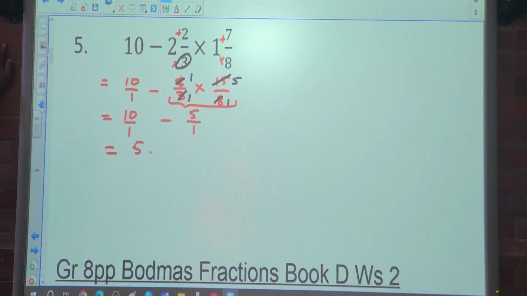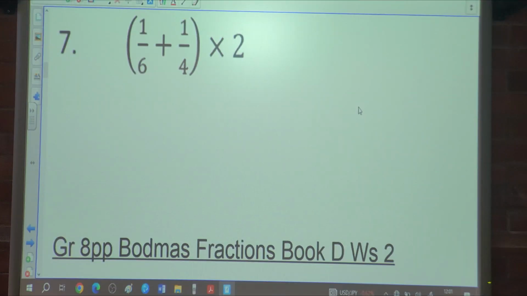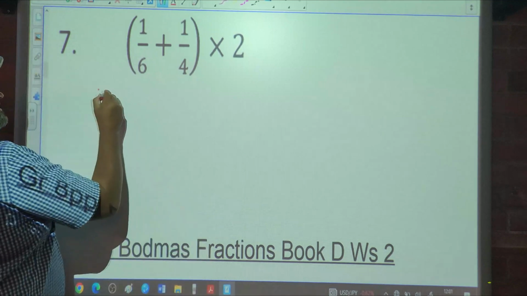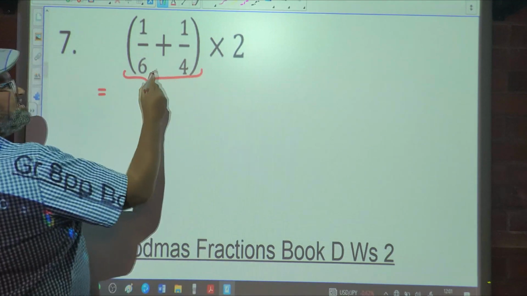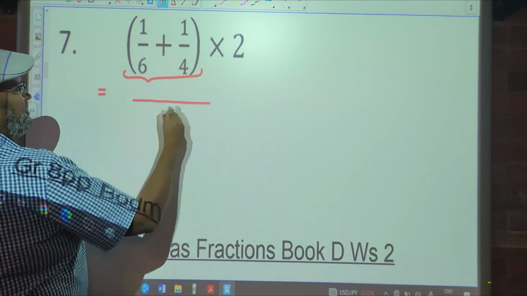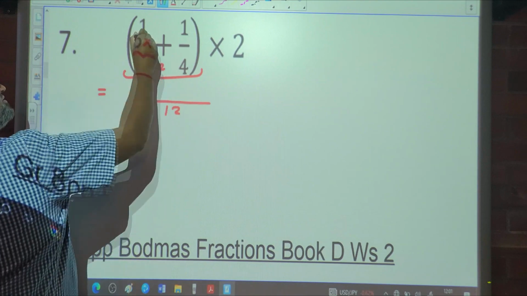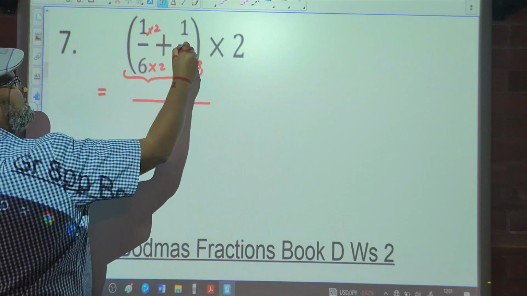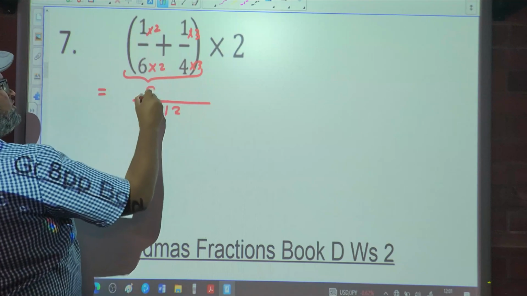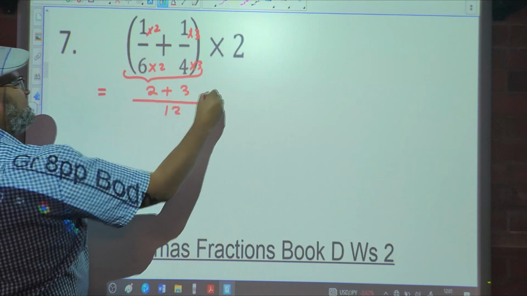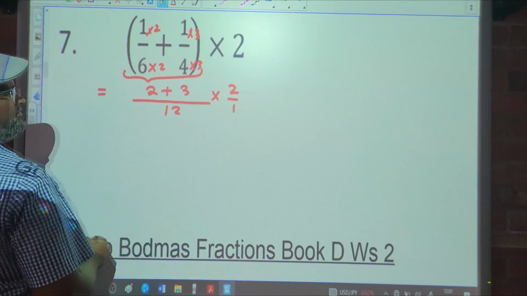Any confusion there? Next, 4 multiplied by 2. So what needs to be done first? The brackets. So what's your LCM between 6 and 4? 12. You will multiply this by 2, and this by 3. 1 multiplied by 2 is 2. 1 multiplied by 3 is 3. Multiply by 2 over 1.